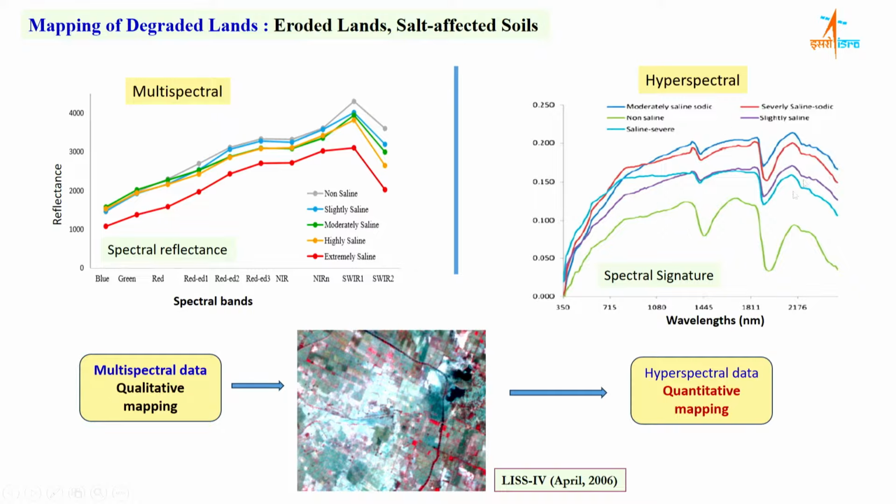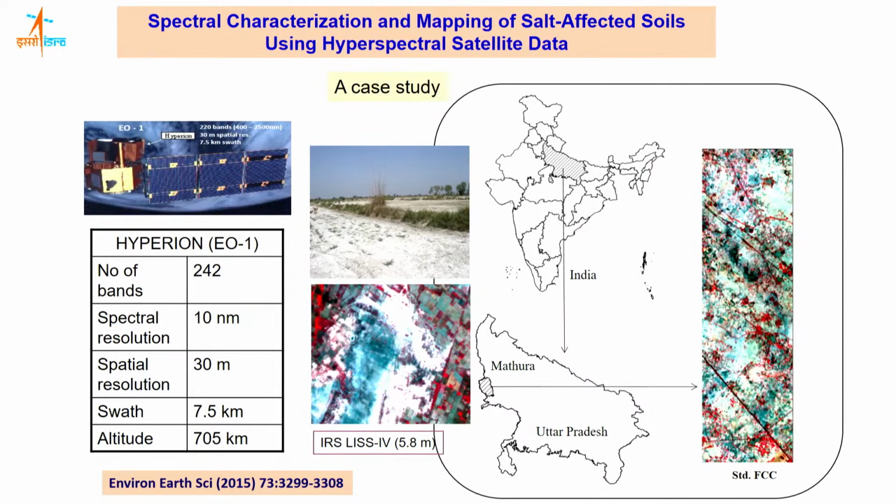So it is used mainly for quantitative mapping. Multispectral data is used for qualitative mapping, where you can say slight, moderate, severe salinity of the salt affected soils. But with hyperspectral data you can do quantitative mapping of the pH of the soils and the electrical conductivity of the soils.